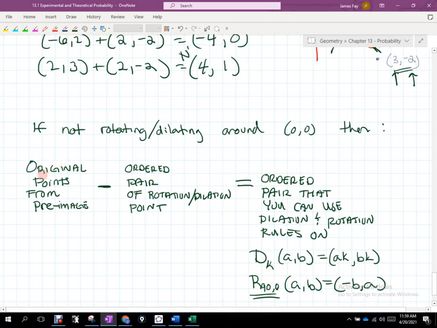But after you subtract from the original the ordered pair of rotation, you're going to get a new ordered pair. That ordered pair is the ordered pair that you apply your rule to.